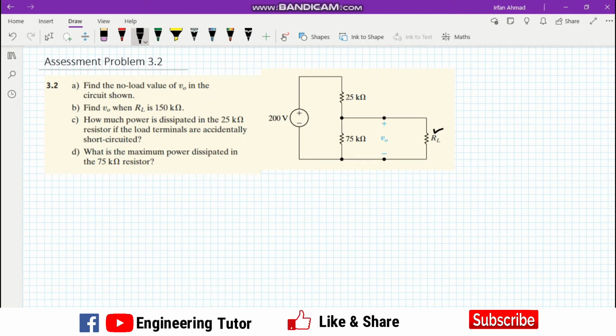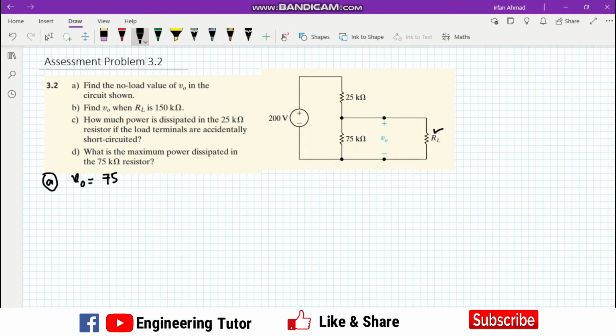When there is no load here, it means RL is equal to infinity, or it is an open circuit. So the RL is not available here, therefore the voltage V naught is all dissipated across the 7 kilo ohm, because RL is not available.